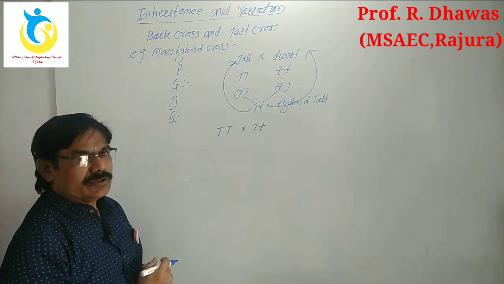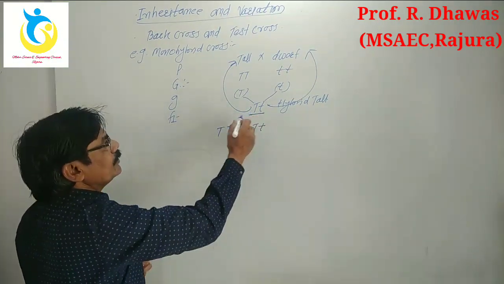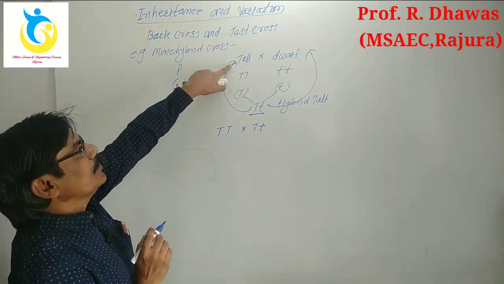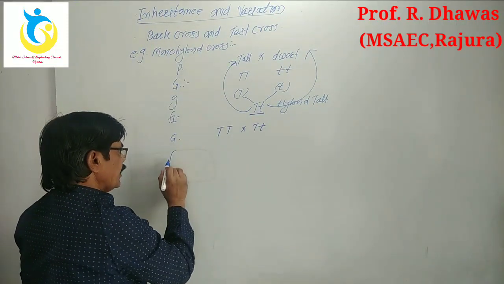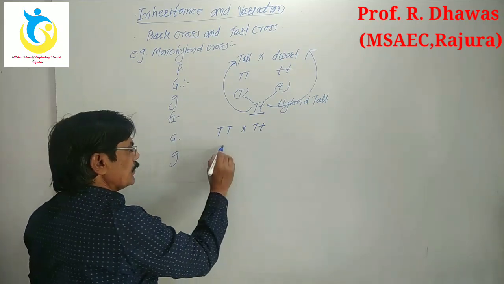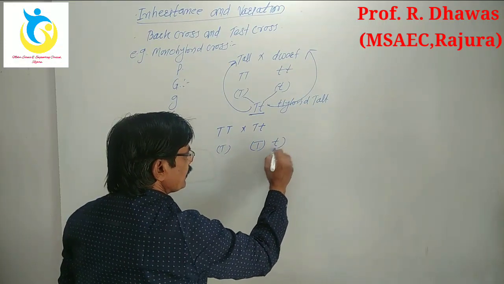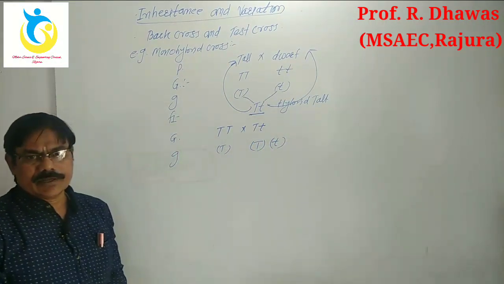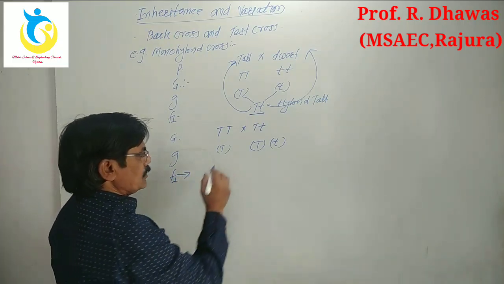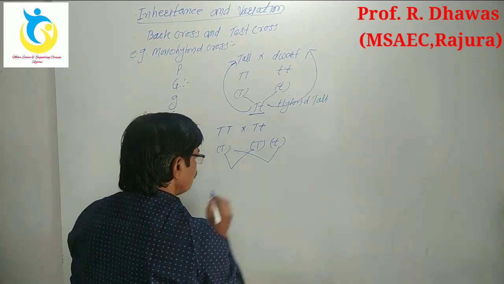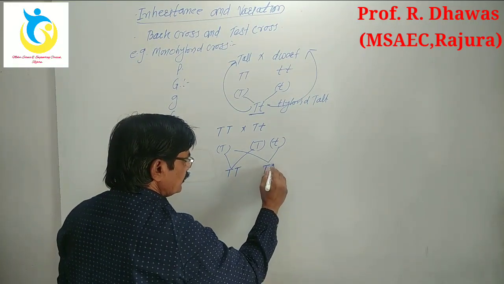What will be the results in the F2 generation when we cross capital T small t with only the dominant parent? Here the genotype of this one is capital T. The gametes produced are capital T type, and the other is in heterozygous condition so it produces different gametes, capital T and small t type. As they fuse in the process of fertilization, it gives us two types of combinations, capital T, small t.